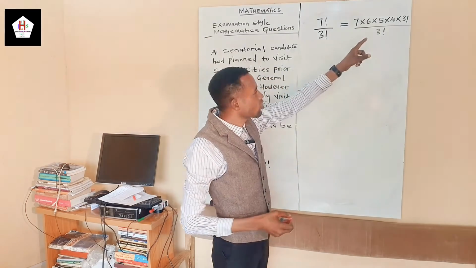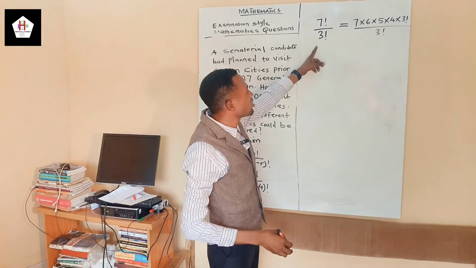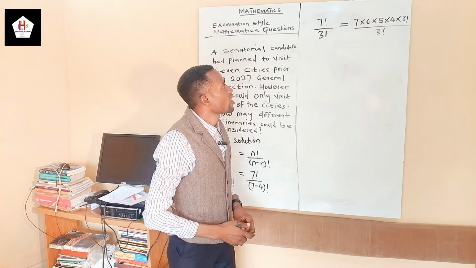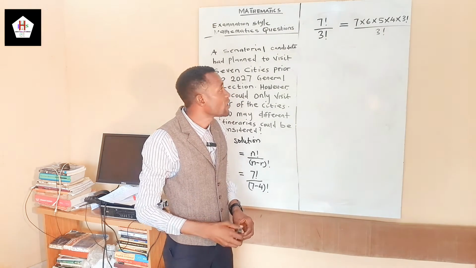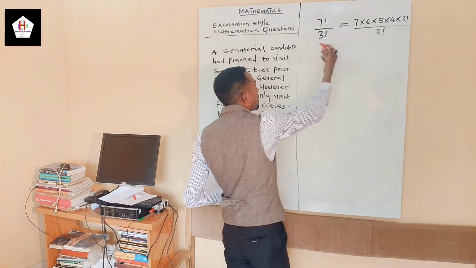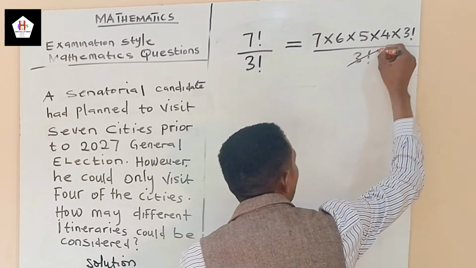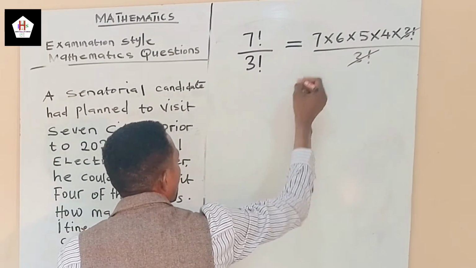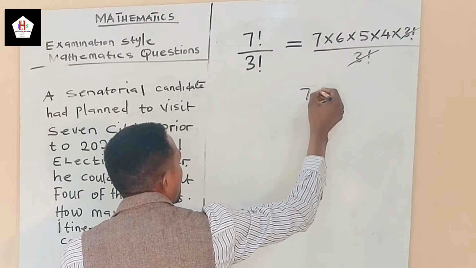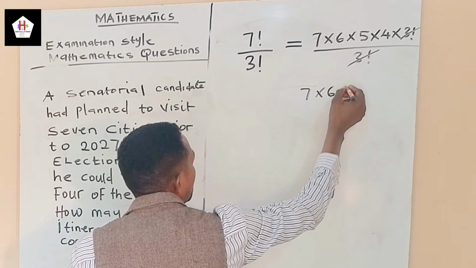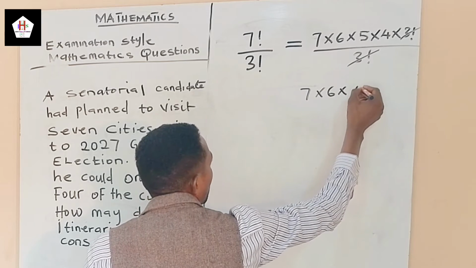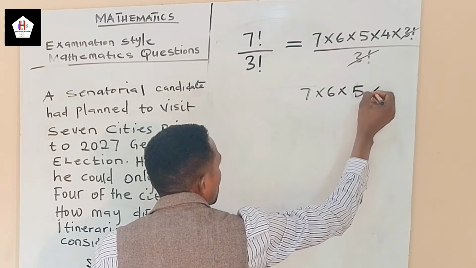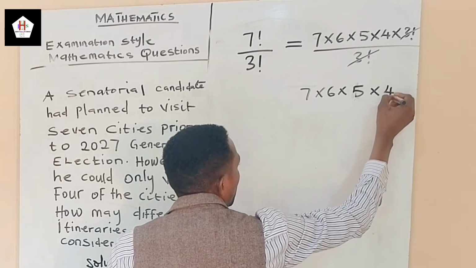Why did I stop at 3 factorial? It's because the denominator is 3 factorial. In order not to waste much of our time, we stop here and eliminate this 3 factorial and this, and we are left with 7 times 6 times 5 times 4.